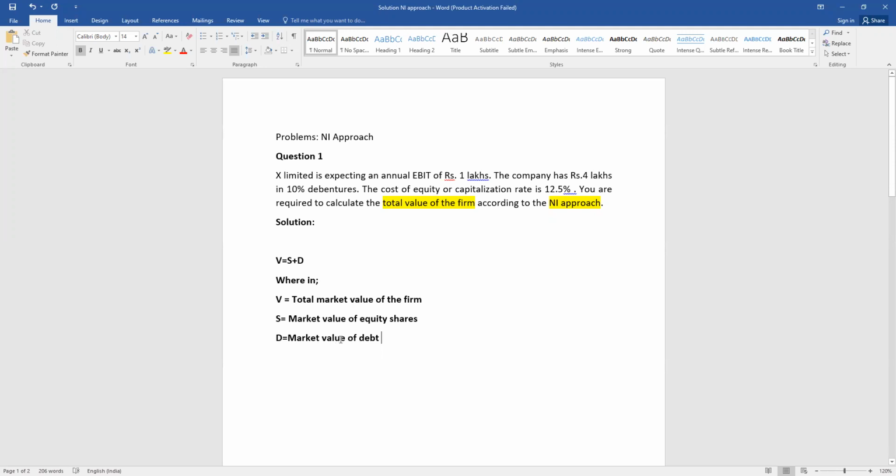The market value of the debt would be given in the problem. If you look into here, the market value of the debenture is given, but the market value of the equity shares would not have been given.